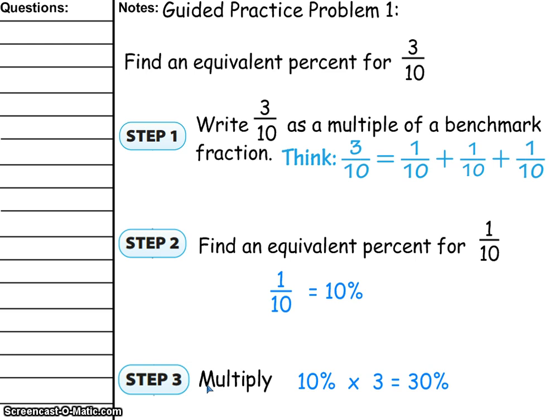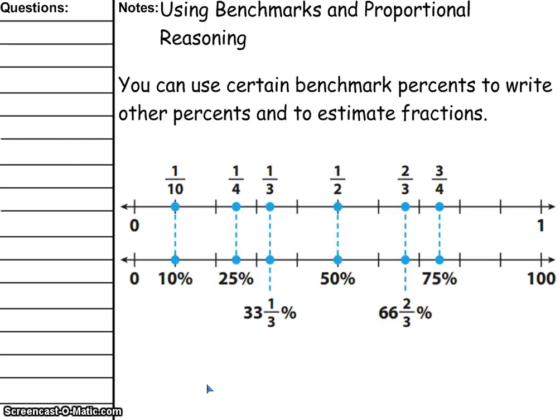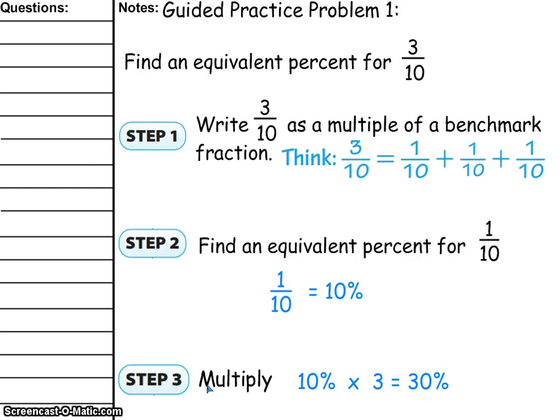Let's use the benchmarks to help us solve for the equivalent percent of 3/10. So 3/10, we need to find a benchmark that 3/10 is closest to. Since it has a denominator of 10, I would think it's closest to 1/10. So we're going to use that benchmark. And you have to think about pulling apart 3/10 so that we represent the benchmark 1/10.